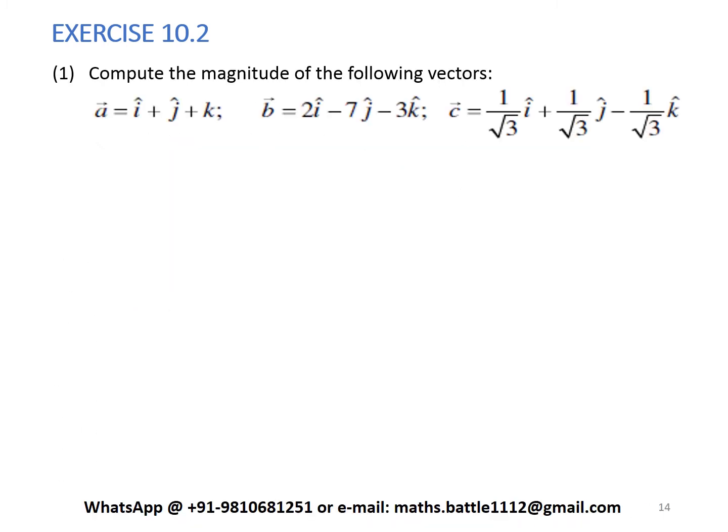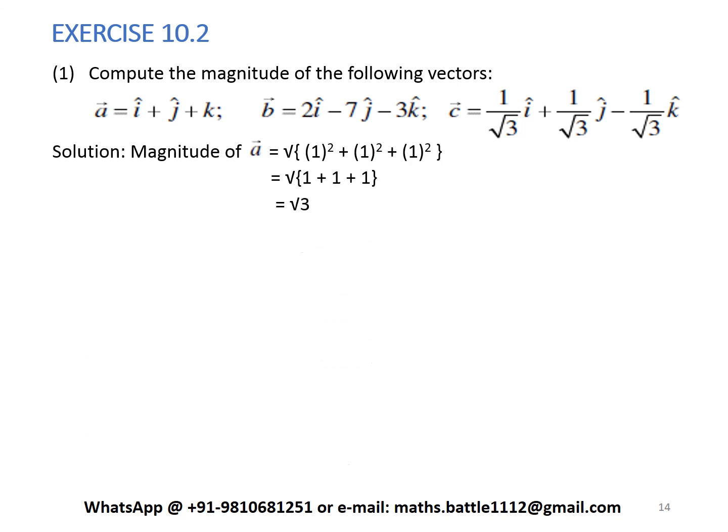Coming to exercise 10.2, first question: compute the magnitude of the following vectors. A is equal to i plus j plus k, B is equal to 2i minus 7j minus 3k, C is equal to 1 upon root 3 i plus 1 upon root 3 j minus 1 upon root 3 k.